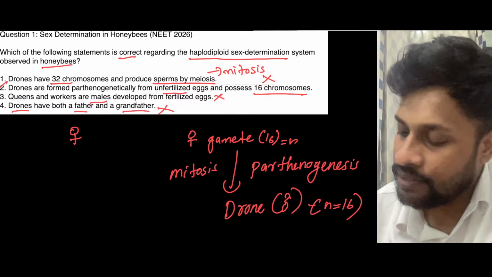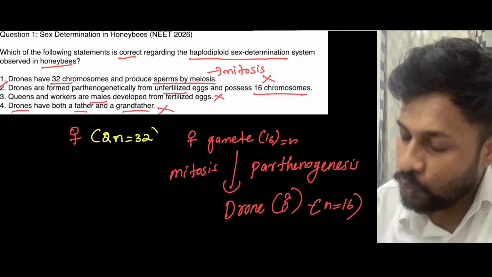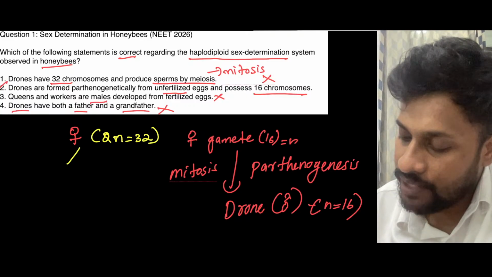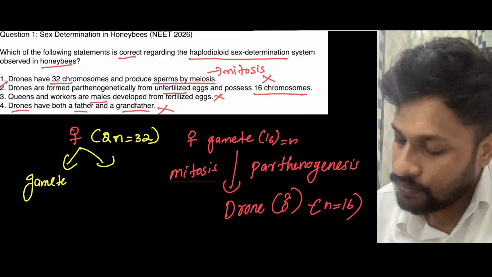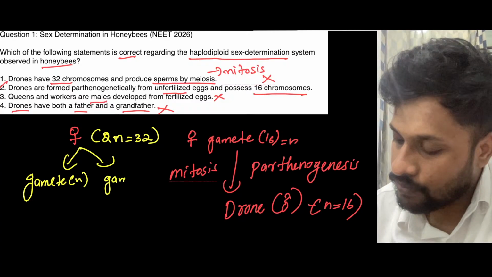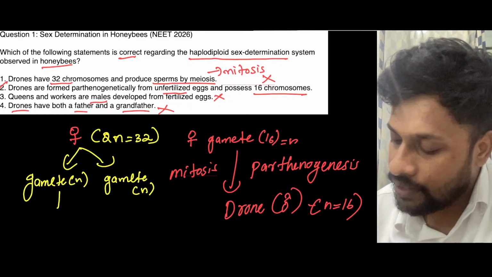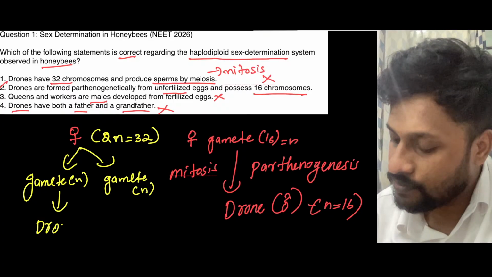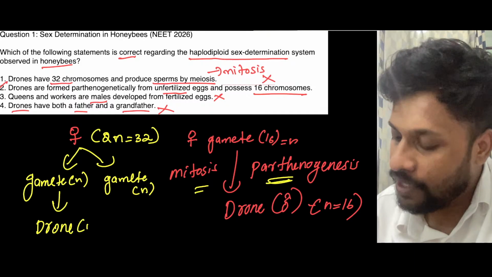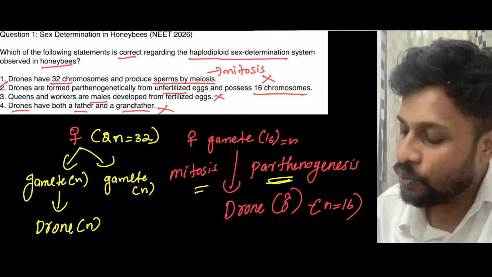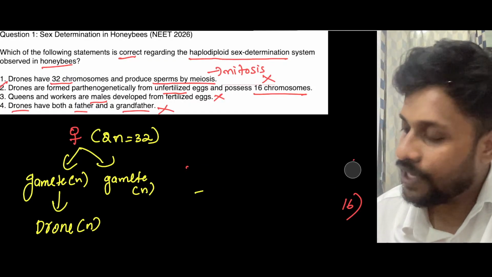female having 2n is equal to 32, it will produce gamete, right? Let's say this is producing two gametes by meiosis. This gamete can directly form drone, as previously mentioned here, through parthenogenesis. So ploidy will be N or 16 chromosome. So now what happens when you take a drone?